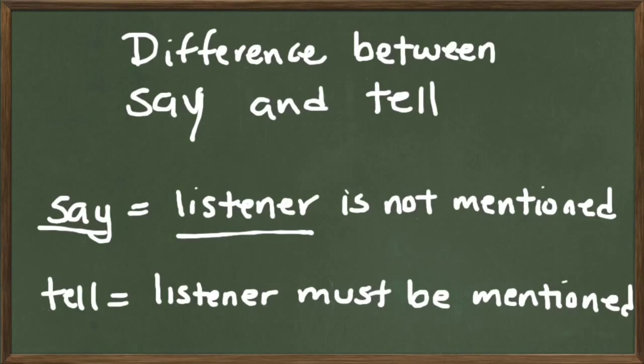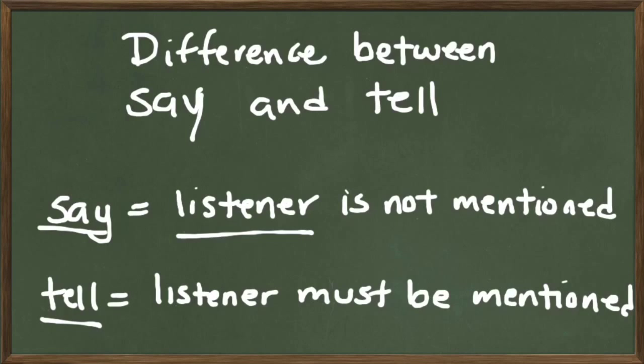Do not use that. So the listener, the person who listened to the information, is not mentioned. However, when we use the word tell, or in this case told, we have to use a listener: told me, told him, told us, etc. So make good notes of this.